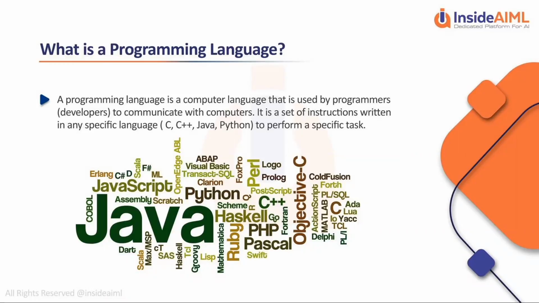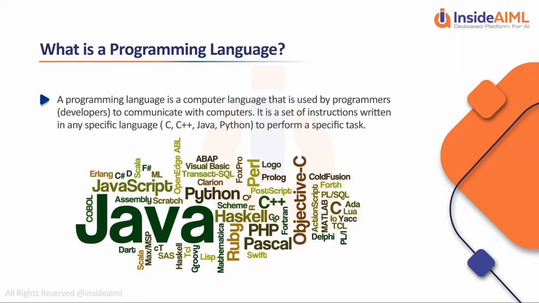You can use different languages like C, C++, Java, Python, and there are tons of other languages as well to perform this kind of task. We have C Sharp, .NET, Go language, Scala, and a lot of them.